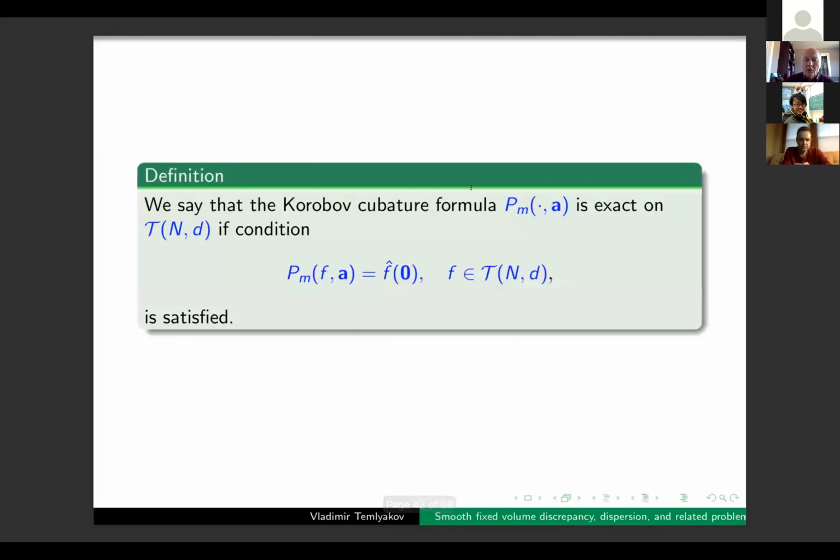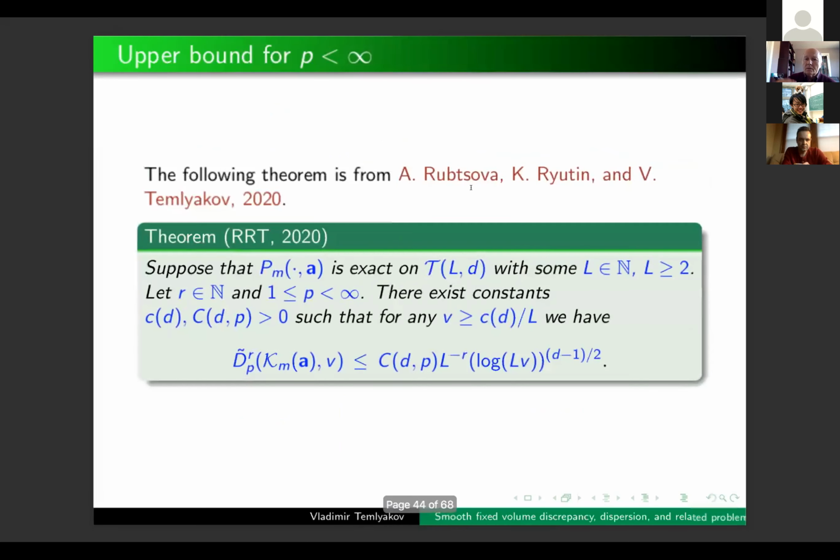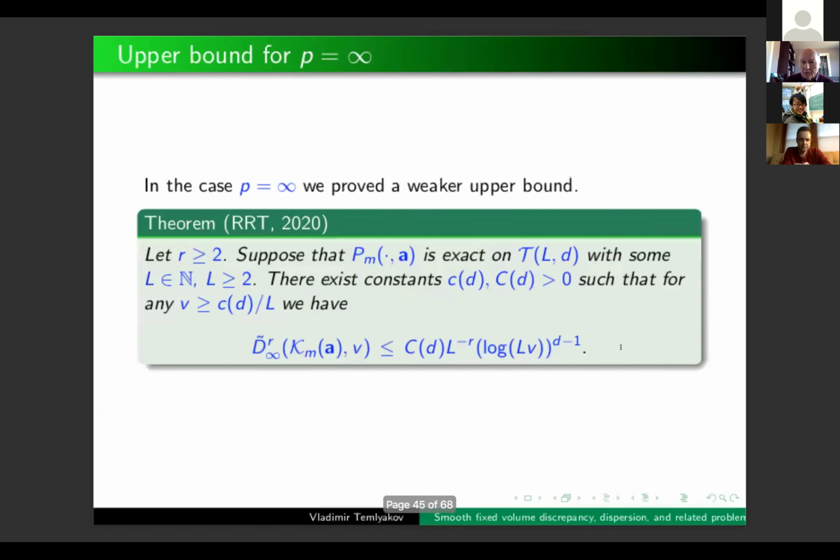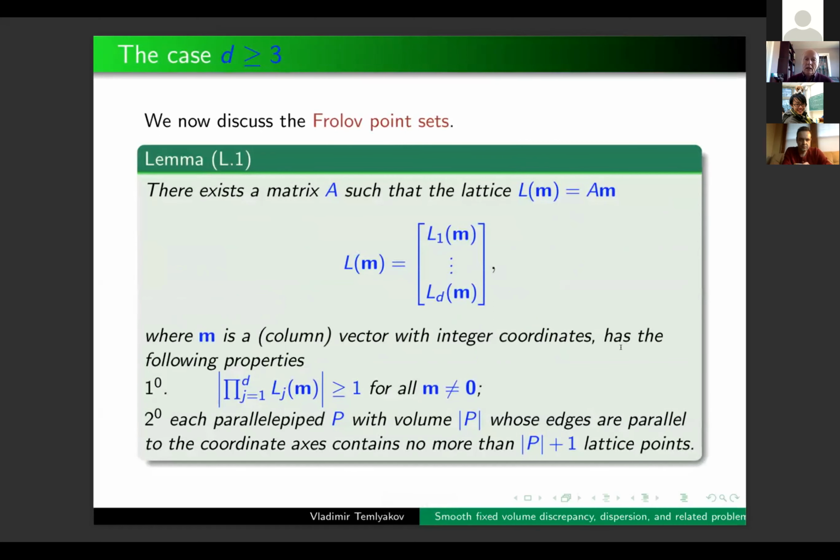But anyway, in a recent paper with Anastasia Rubtsova, Kostya Rutin, and myself, we proved some results for this periodic fixed volume discrepancy for the Korobov point sets. But let me skip this and better talk about other points which are of interest, and probably no one else will talk about this.